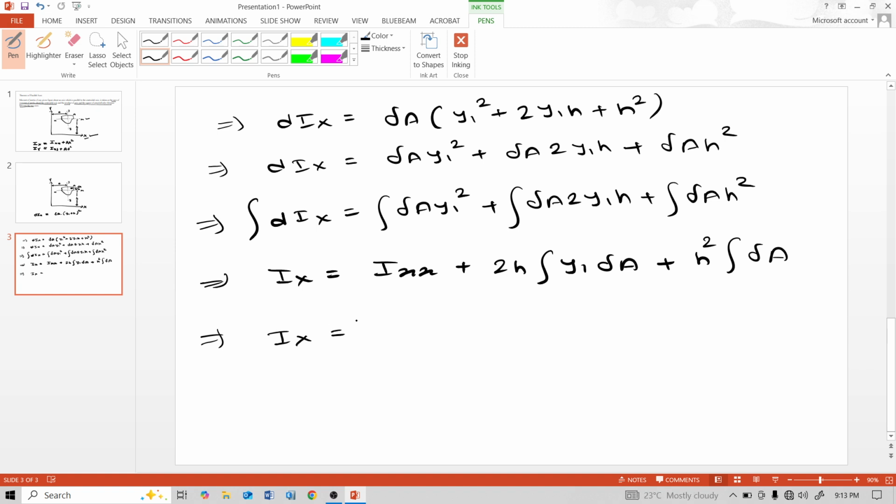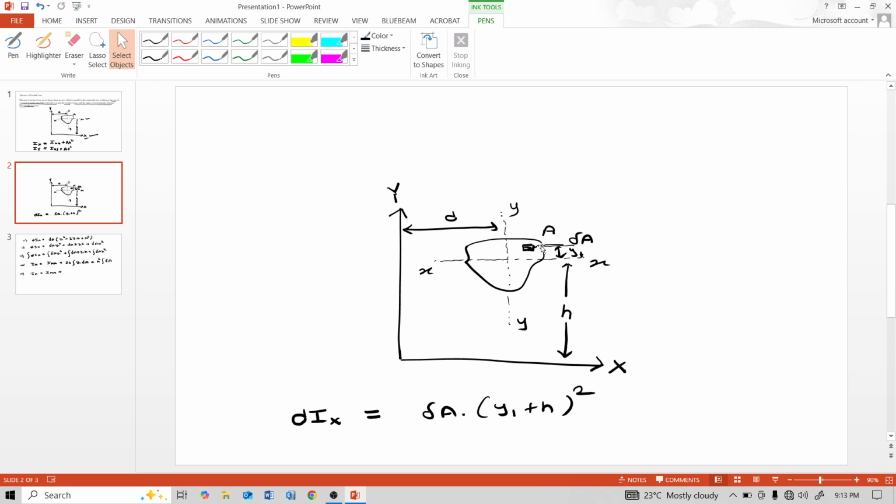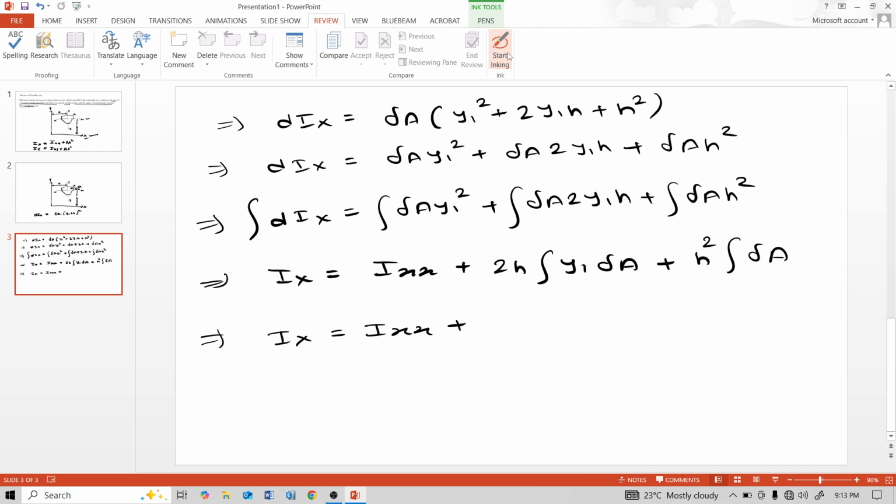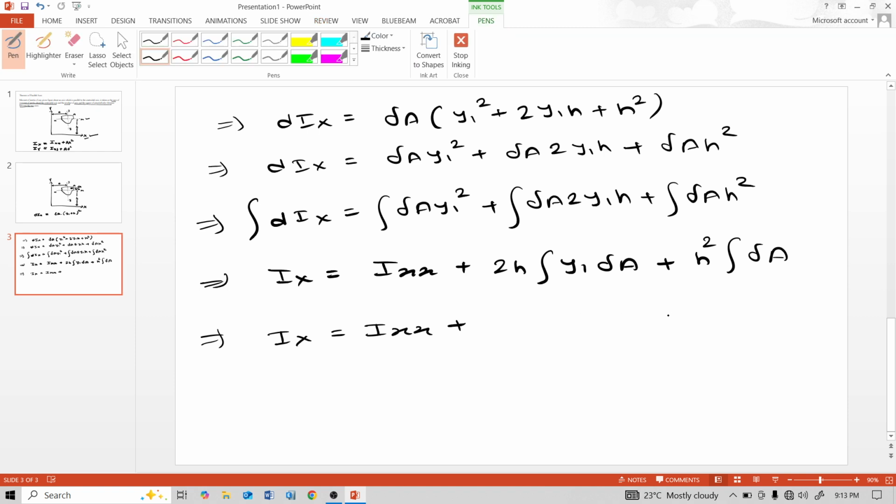Ix is equal to Ixx plus integration of small dA, that means total area A, that means h square into A.